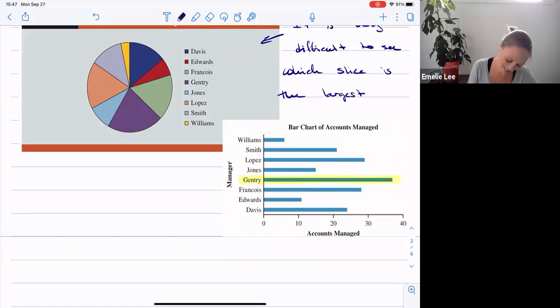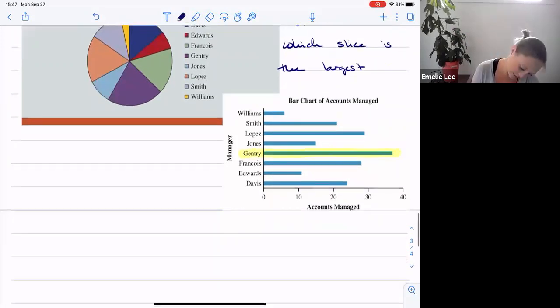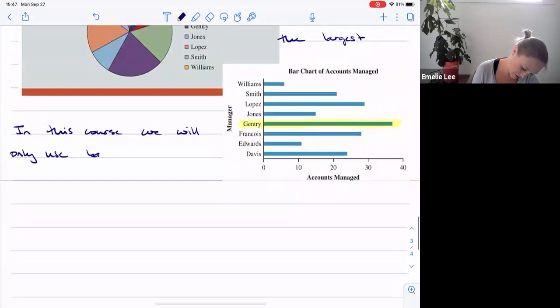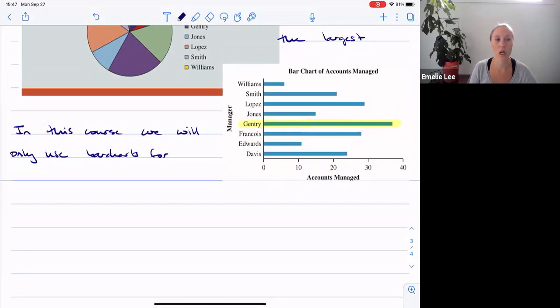So anyways, in this course, we will only use bar charts for single categorical variables. Now, as soon as we move into multiple variables, so if we've got a quantitative variable and a categorical variable, then we can do some other stuff, right?